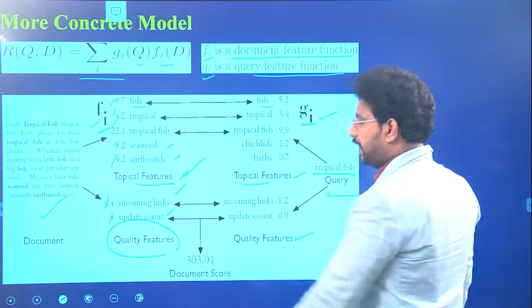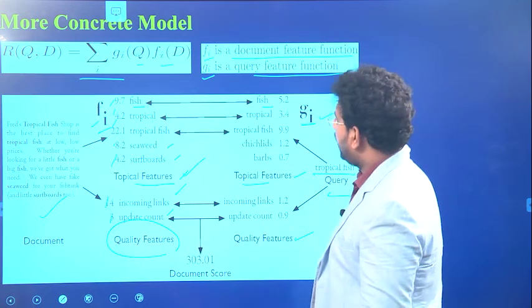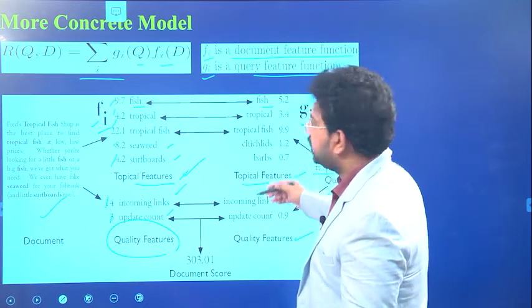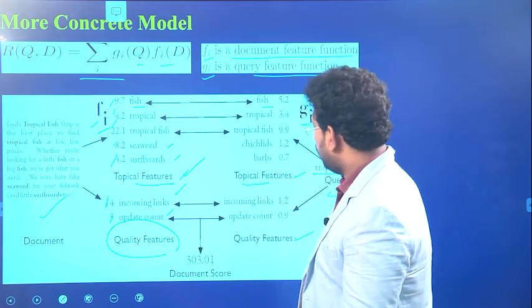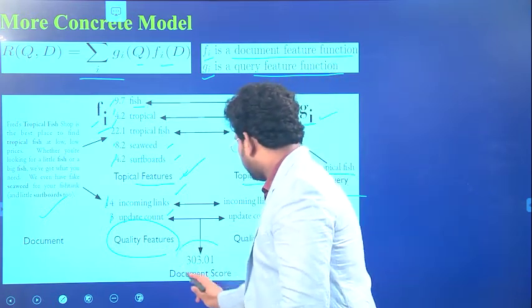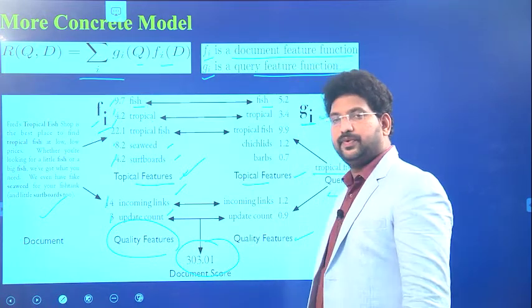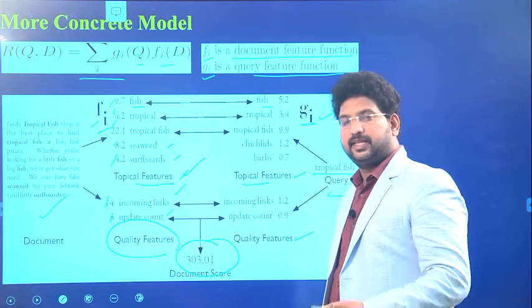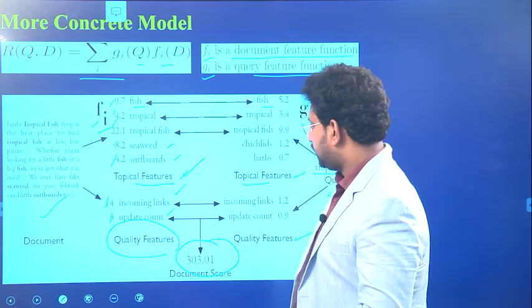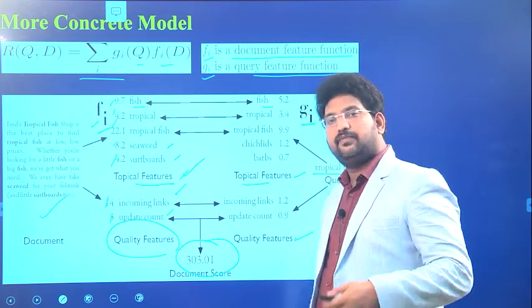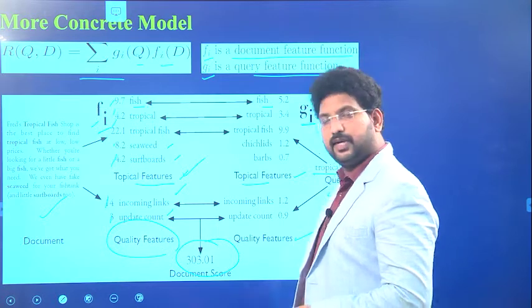These are all the pairs you are going to multiply, and finally you are going to add everything. Finally the document score will be this one. Like that we are going to calculate the document score for each and every document.